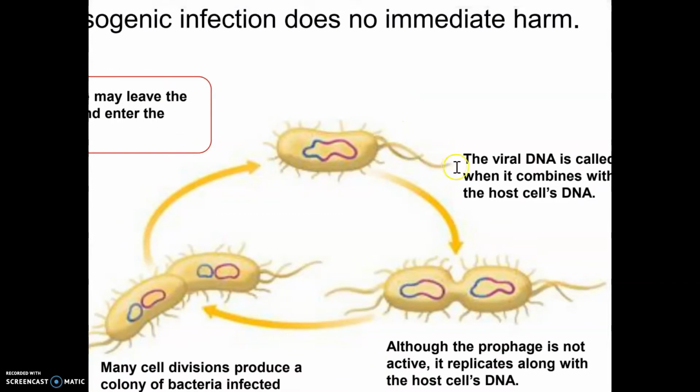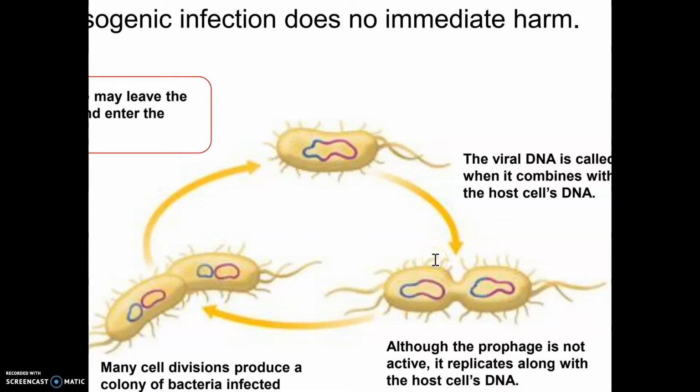So the viral DNA is called a prophage when it combines with the host cell's DNA. So in this case, the circle, which is still in blue, is the virus's DNA, the viral DNA. This host cell's DNA is in red or pink, and it has combined with the virus's DNA.